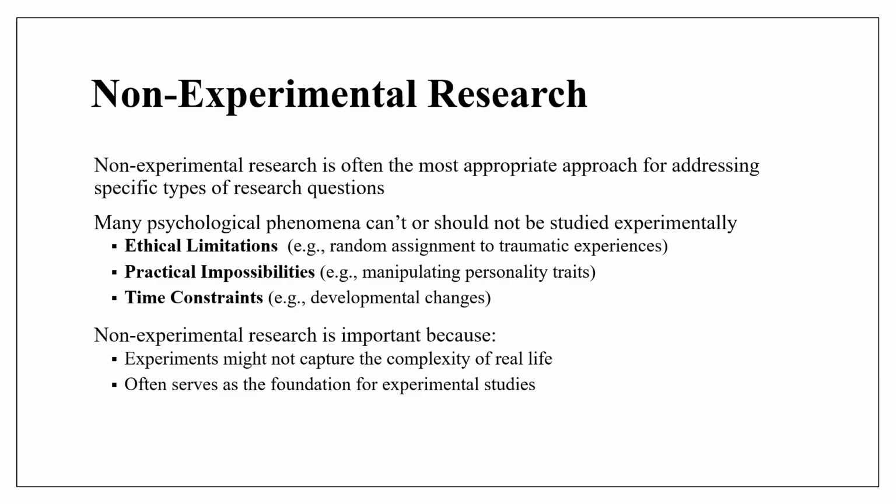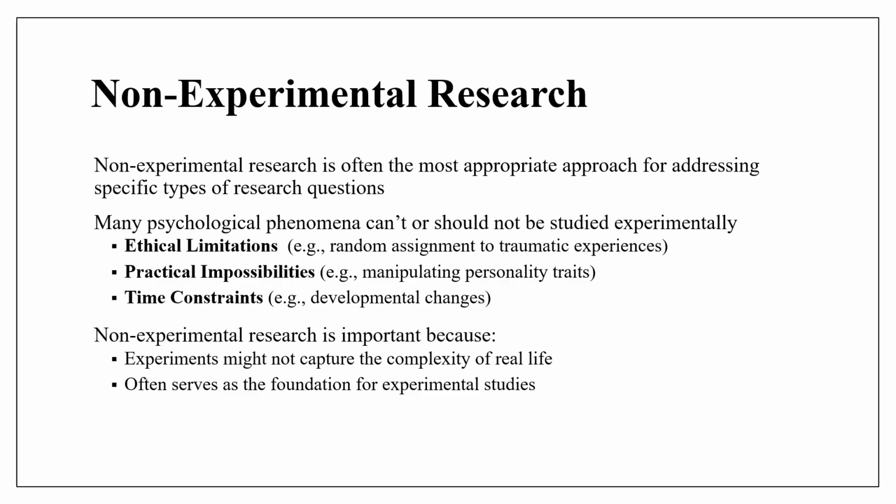There are also sometimes practical impossibilities. This means that sometimes it's just not feasible to actually manipulate something. Remember that the only thing that really makes experiments different from non-experimental research is this manipulation aspect. So there are some things that we simply cannot manipulate, or we're not able to make those manipulations as strong or as consistent as we would need them.